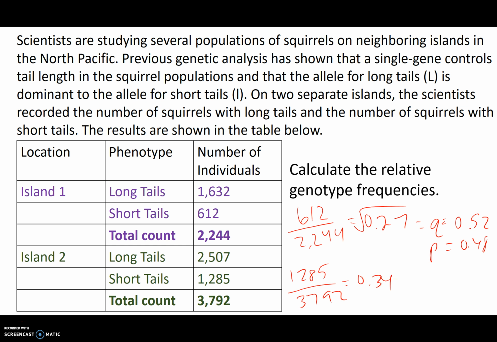We take the square root of that. We find that our Q here is equal to 0.58, and then our P is equal to 0.42. Now that you have P and Q, you would just plug them into P squared, 2PQ, and Q squared for both islands. All right, good job, guys.